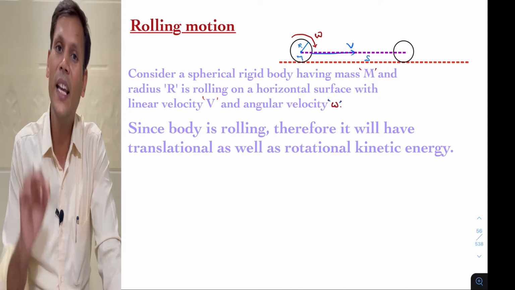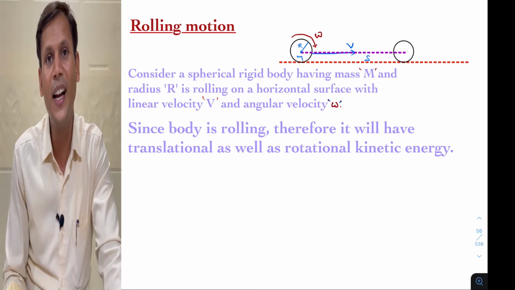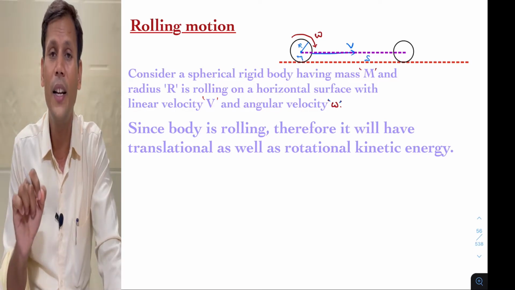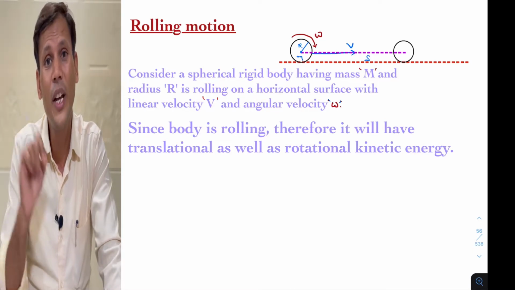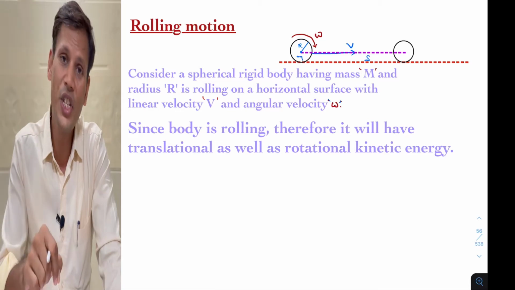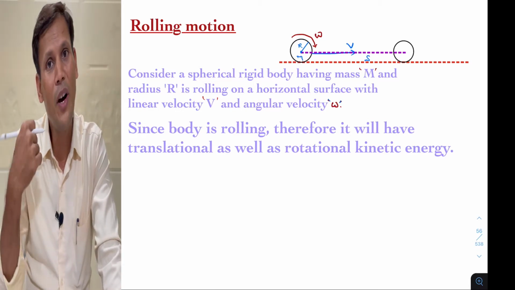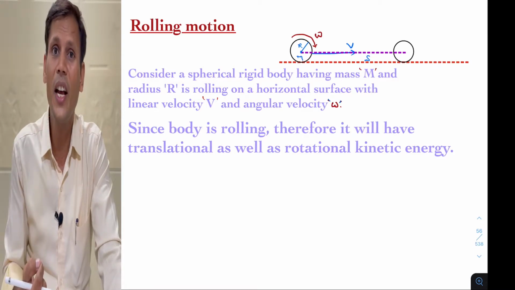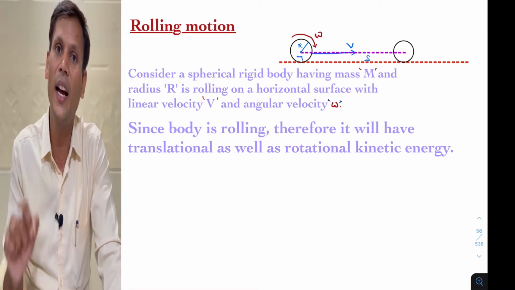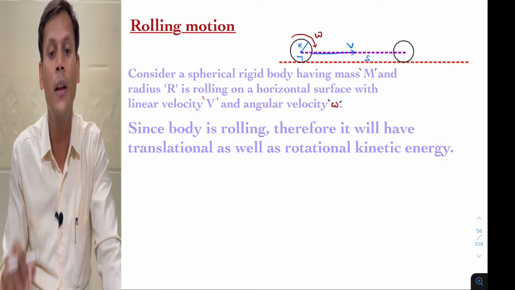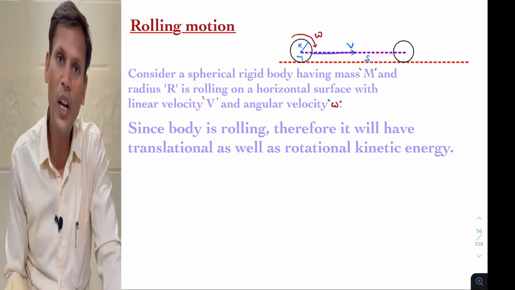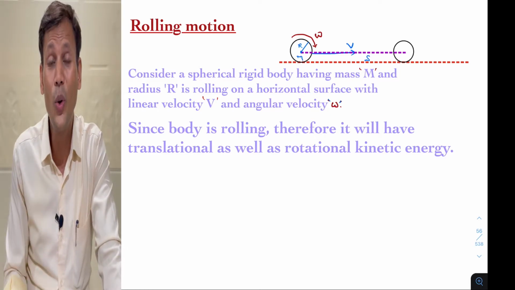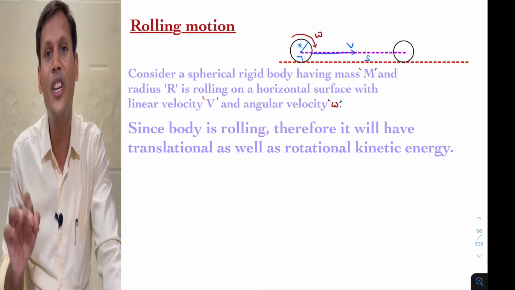One is linear or translational kinetic energy and the second is rotational kinetic energy. The sum of rotational kinetic energy and translational kinetic energy will be the total kinetic energy of a rolling body.